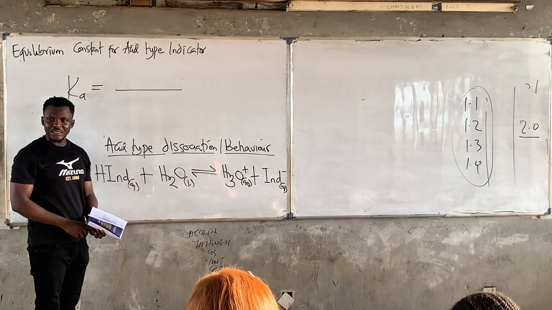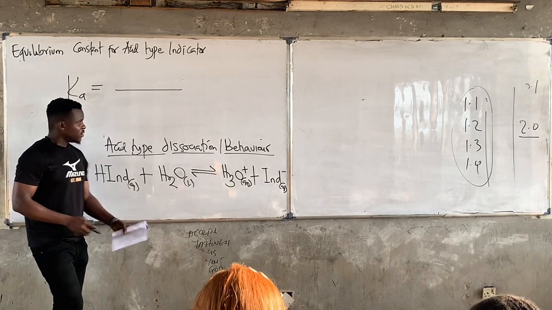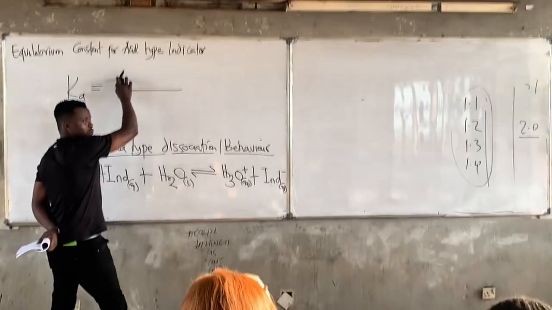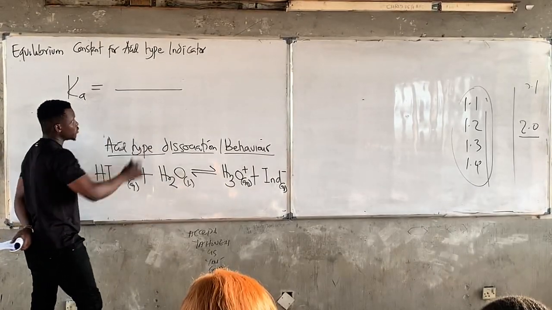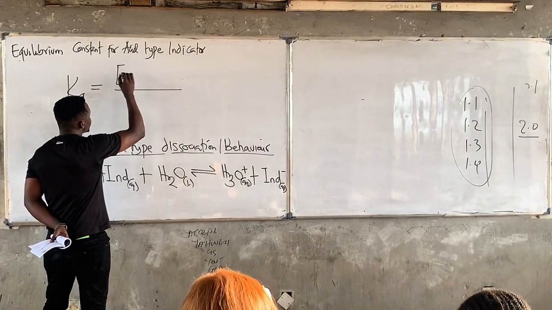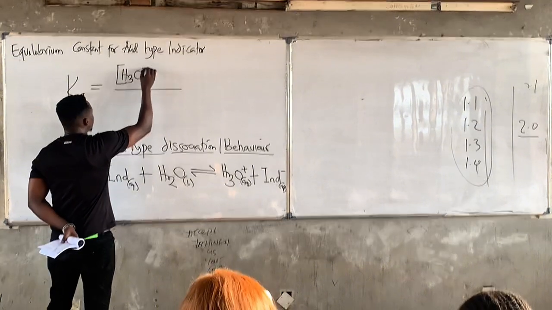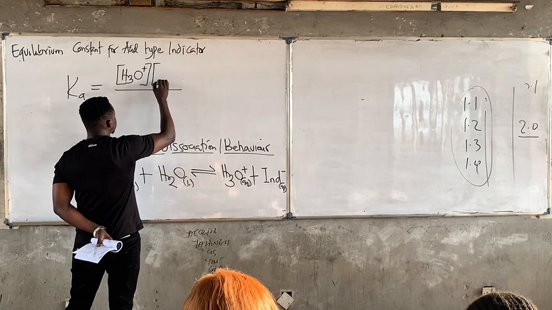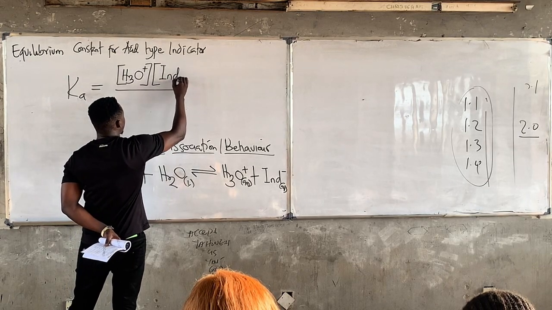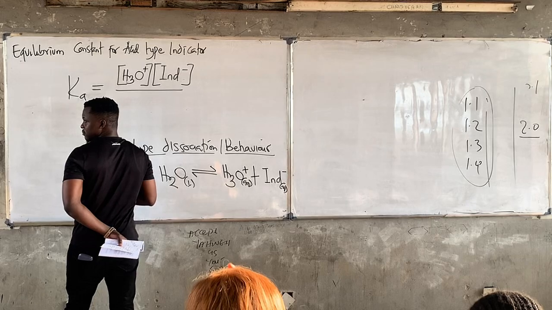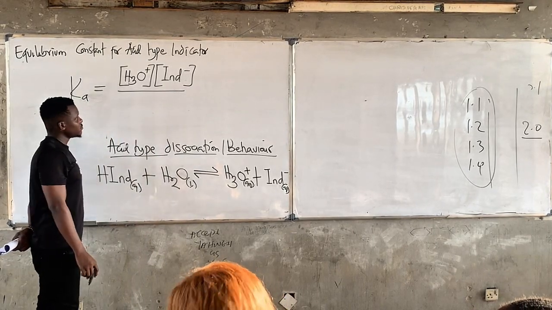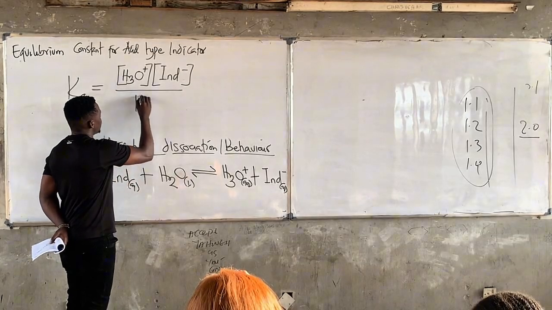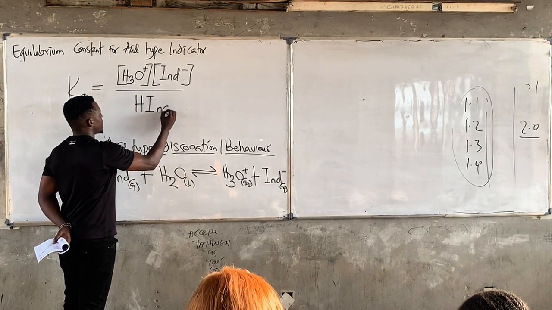Aqueous and gas only do take part. So you write the products on top divided by the reactants below. The first product is H3O plus. The second product is Ind minus. Now all over this, we have HInd.